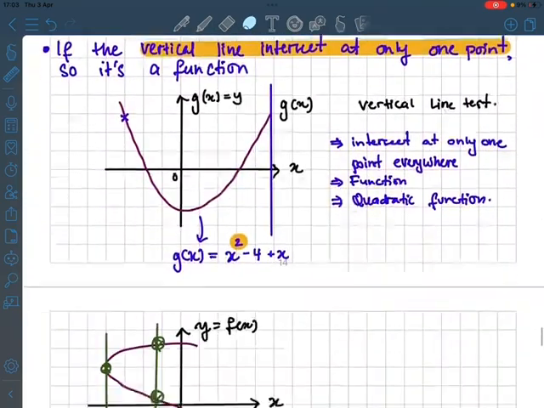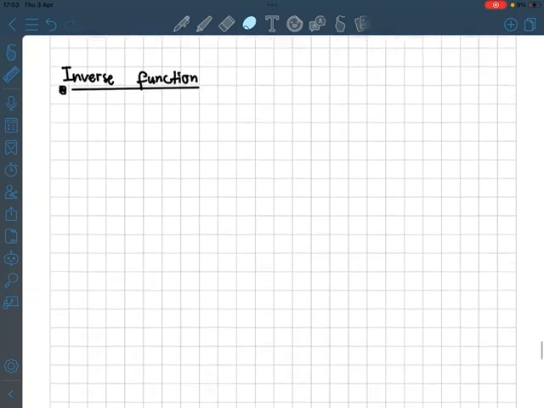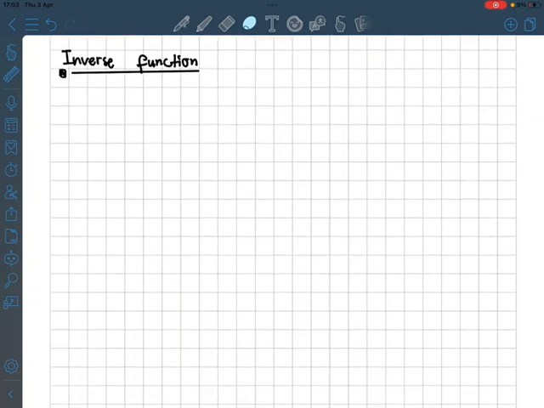So what about inverse function? How can we think of inverse function? Okay, let me draw an arrow diagram here. Usually we have x as the input. This is the standard in any textbook in the world.